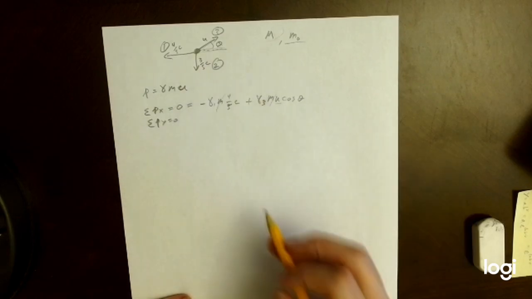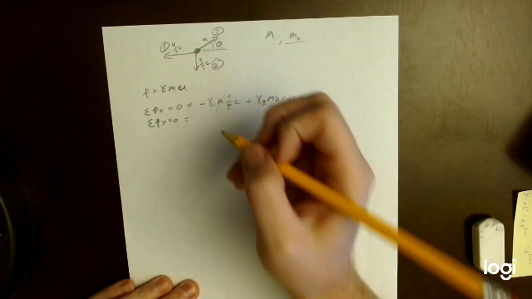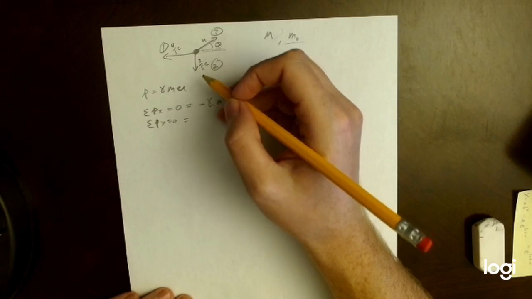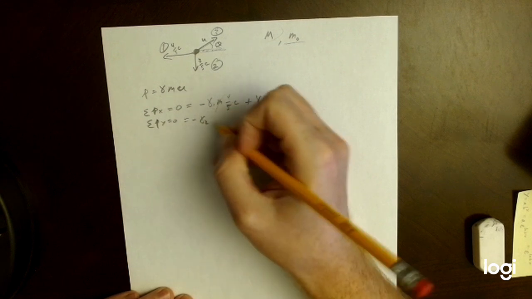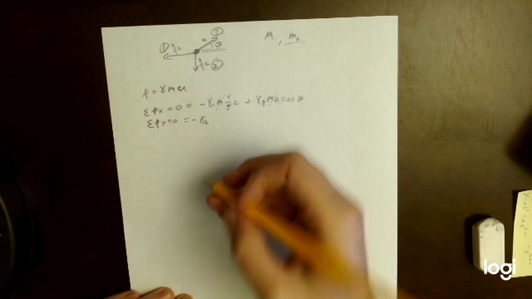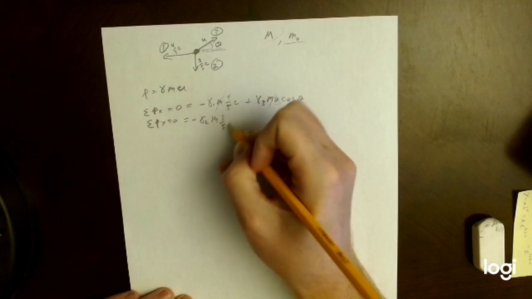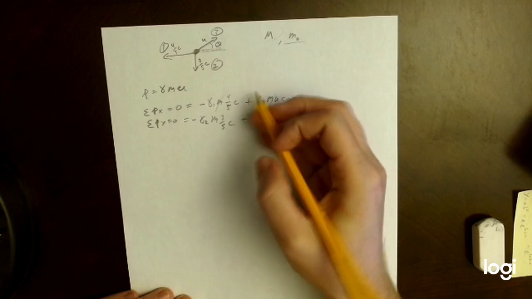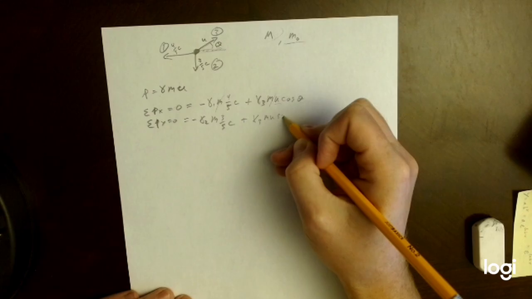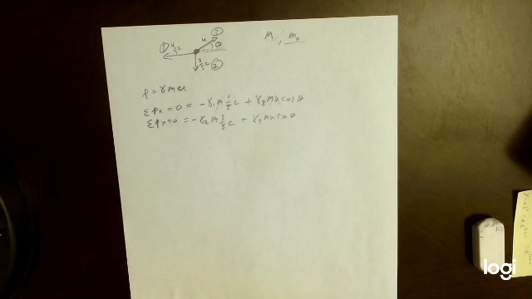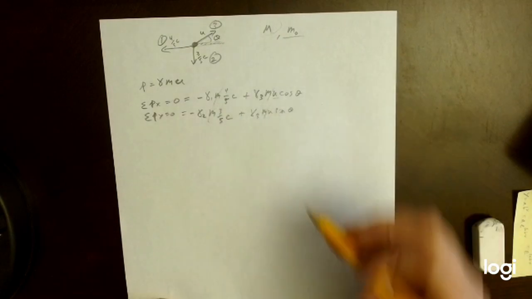Okay, so we've got some piece of this. We'll also need the y equation. So we'll have here minus gamma 2. I'll put this as minus because it's in the minus j hat direction. m times 3/5 c. And that will be balanced by some amount of momentum, gamma 3 m u, but now sine theta to give us the vertical component. Okay, so again we can cancel the m's.